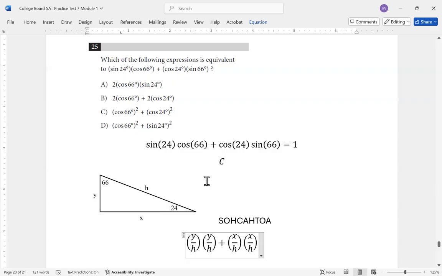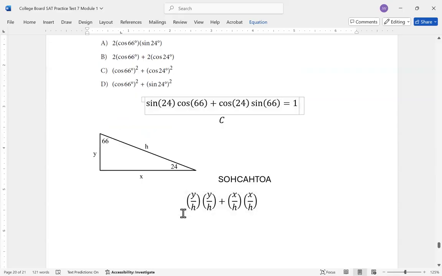So when we look at sine of 24 times cosine of 66 plus cosine of 24 times sine of 66, don't think of it as 1 here. Think of it as just y over h times another y over h plus x over h times another x over h.